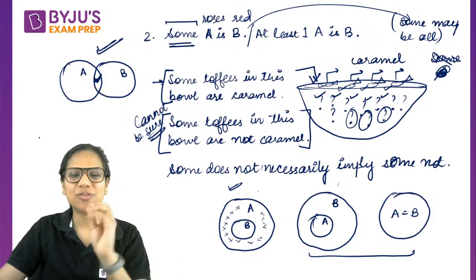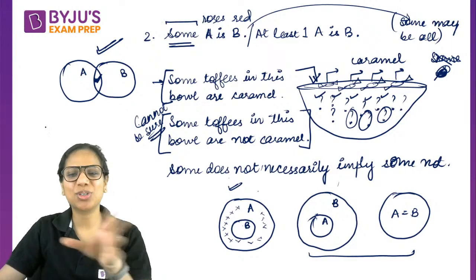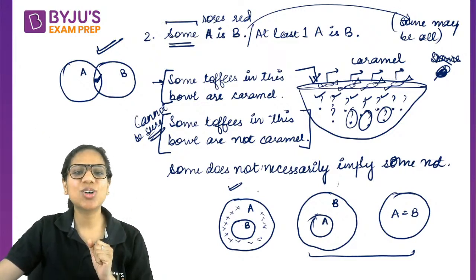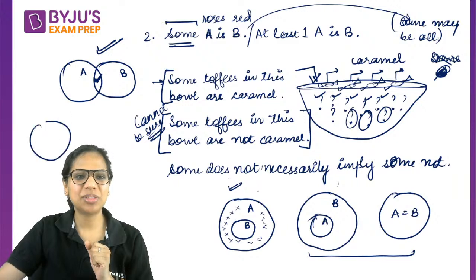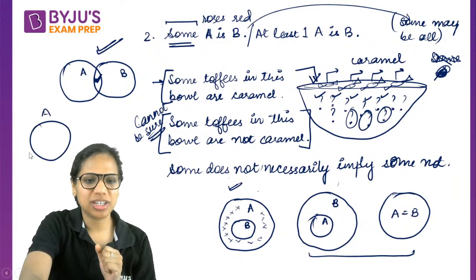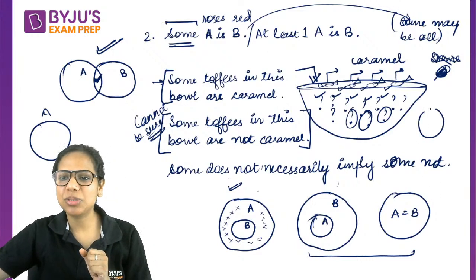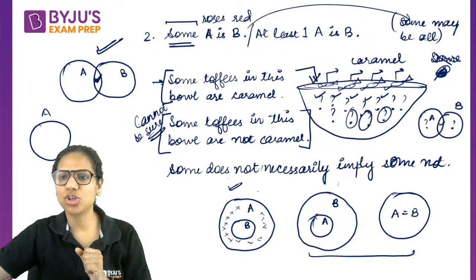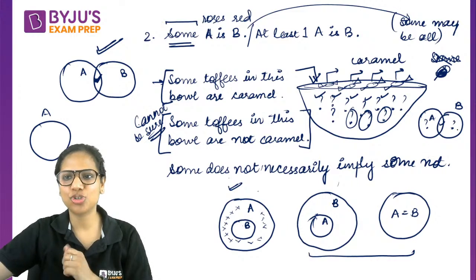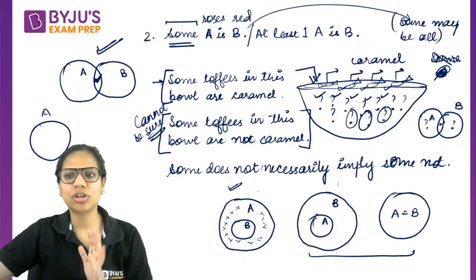Let me explain it very quickly in another way. I love to explain it like that. See, this is the common portion. When I say some A is B, look here. I am sure about this portion, but I'm not sure about these two portions. I'm just sure about the common portion.